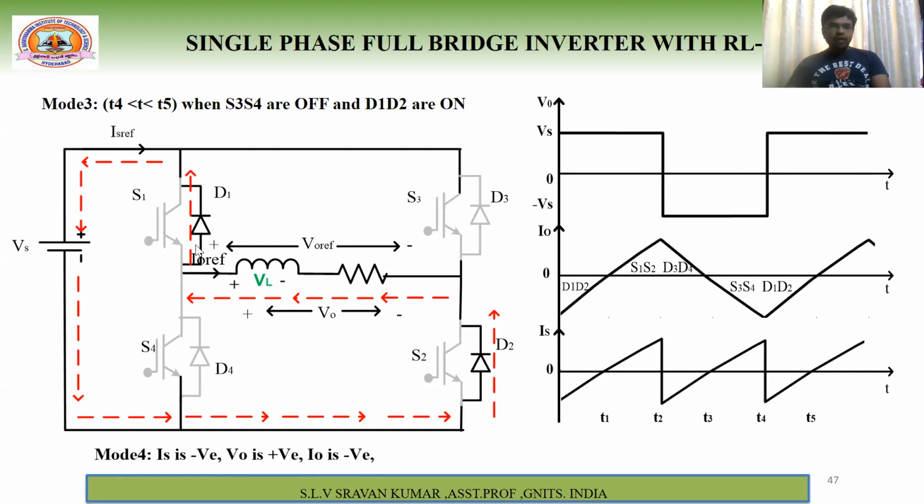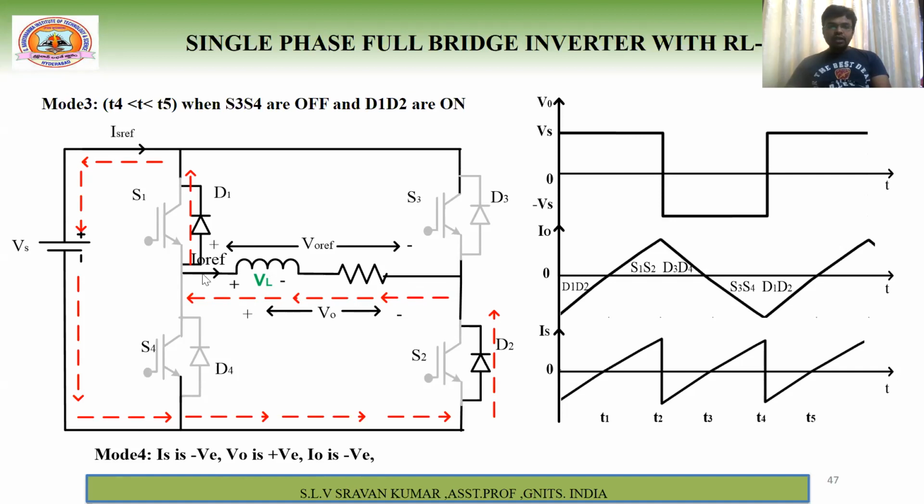Right. Now, if you observe, this current is exactly opposite to the switch current direction. So even if you give the triggering pulses at T4, it won't turn on. The current is flowing in this reverse direction, so it won't accept. That's why S1 and S2 are still in off state. But the feedback diodes will be conducting in this direction.